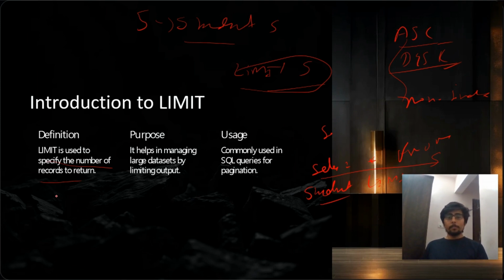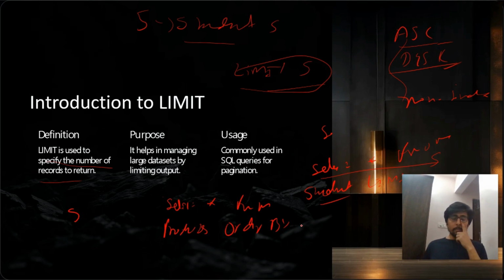Let me give you one more example. For example, we need 10 products. Okay, so select star from products, order by price, right?